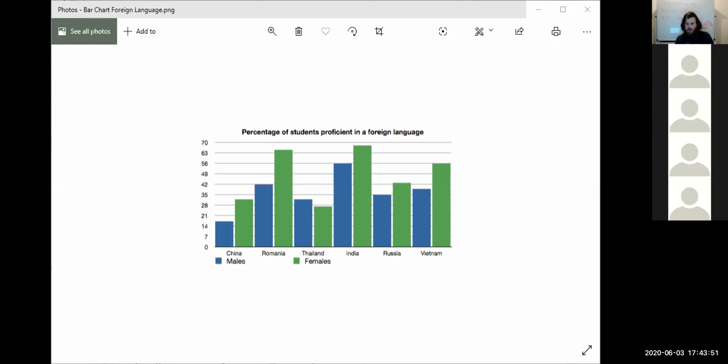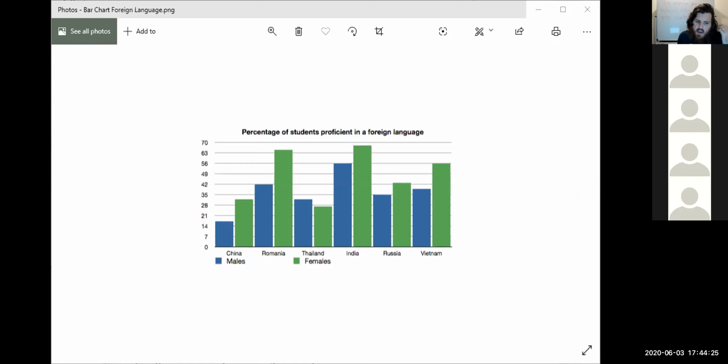It had about 12% less females who were foreign language proficient. Excellent. Nice comparison there.